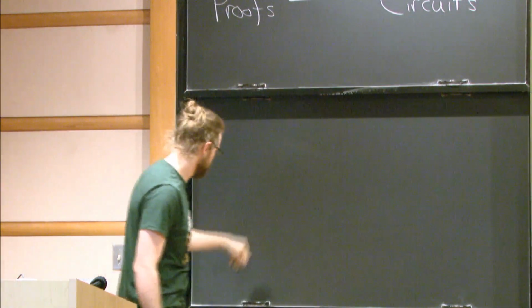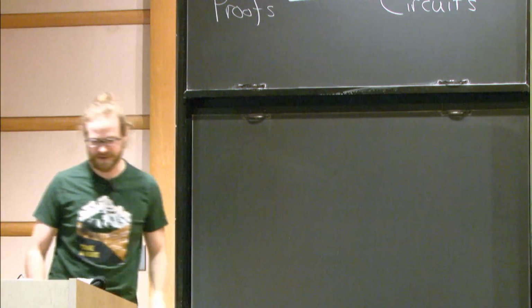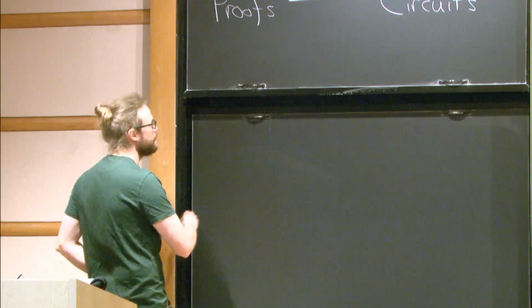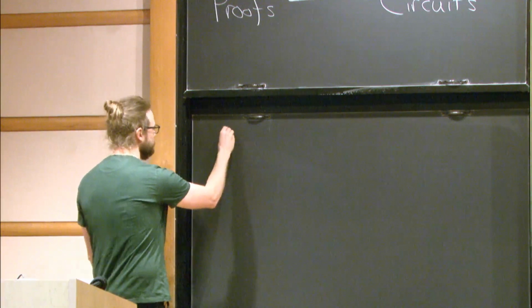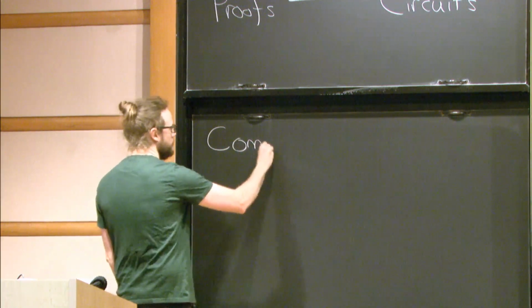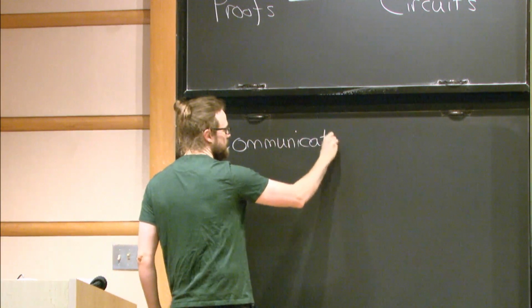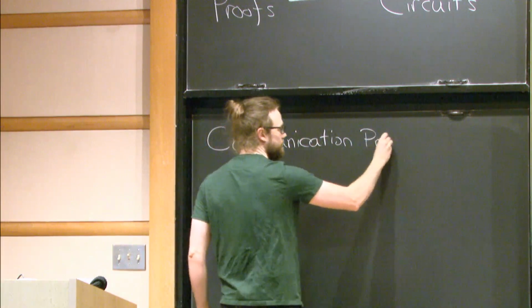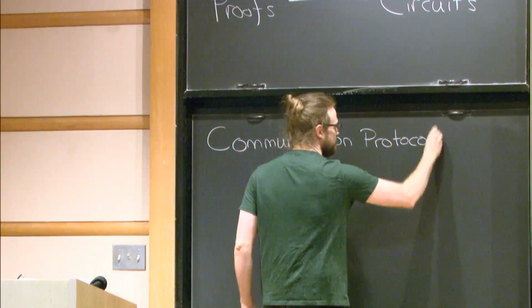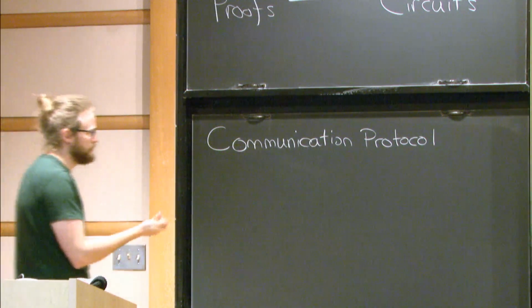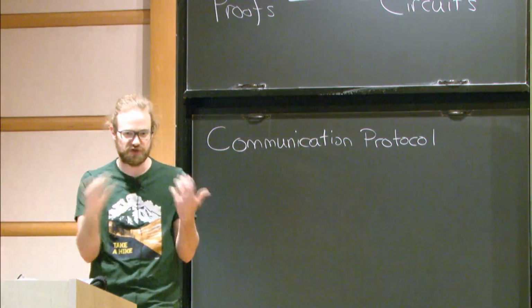So let me start by describing the main actors, I guess. Maybe people here are familiar with the notion of a communication protocol. OK. A communication protocol is going to be a method for solving some problem in a distributed environment.